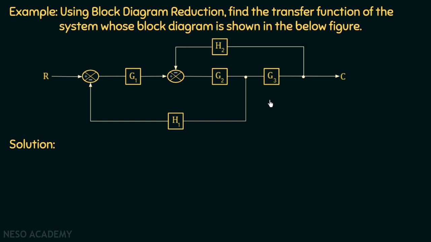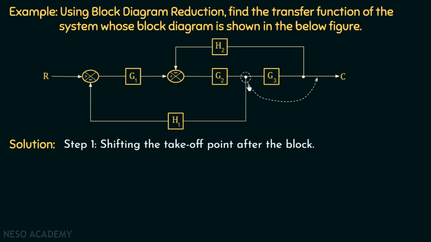So observe this takeoff point. If we shift this takeoff point after this block, then what will happen? Yes, these two blocks will come in series and we can multiply the gains of these blocks. So our step number 1 is shifting of this takeoff point after this block.